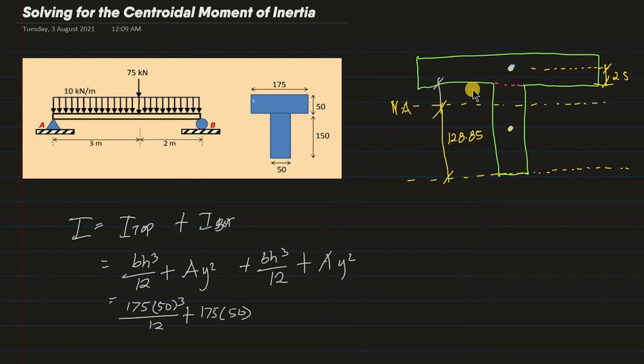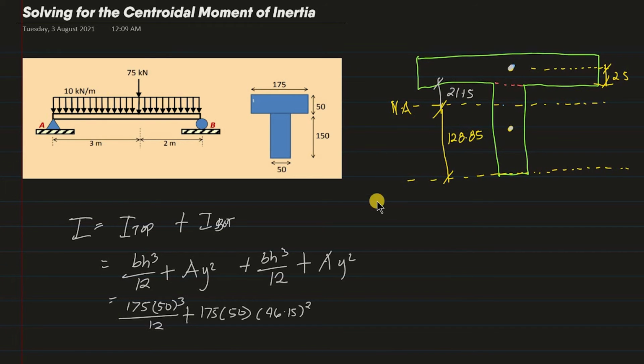Yung natitira lang na to is 21.15. Okay, so 21.15. Therefore, 25 plus 21.15 would be equal to 46.15. So, yung y natin is 46.15 squared. Kasi yun yung distance mula sa centroid niya papunta dito sa ating neutral axis.